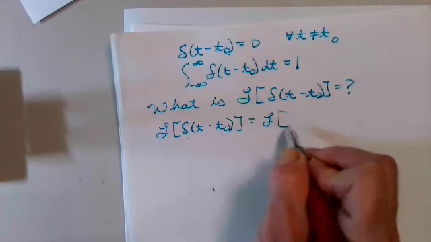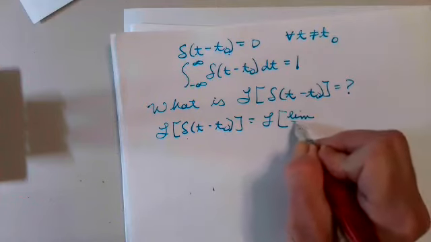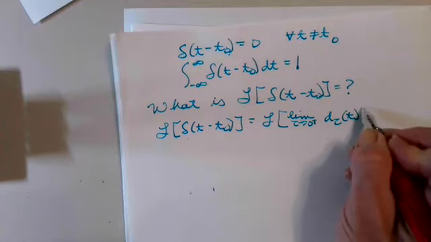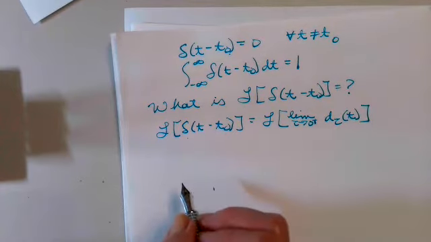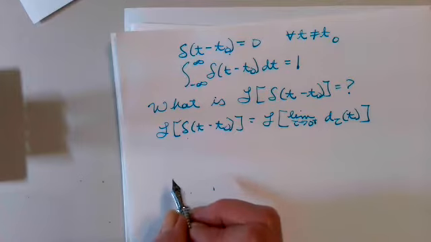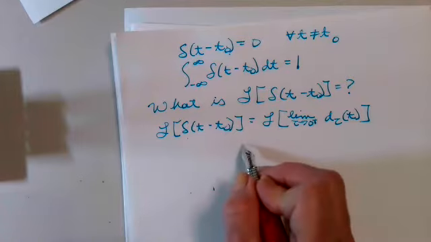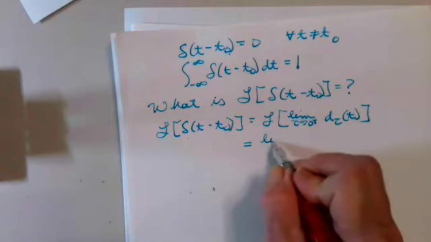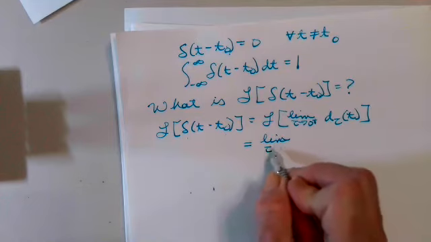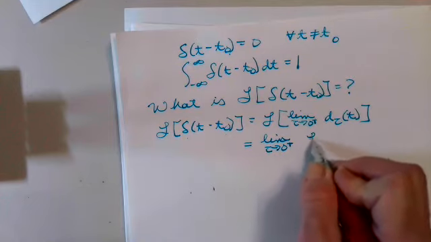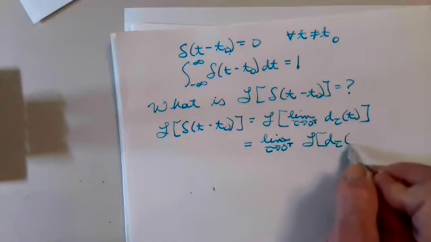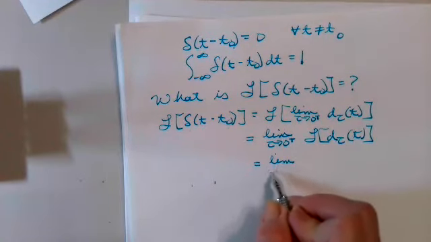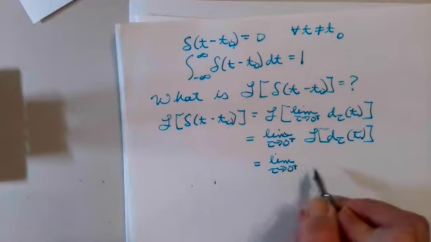The Laplace transform of delta of t minus t naught, by definition, is the Laplace transform of the limit as tau goes to 0 from above of d tau of t. Now the Laplace transform is a continuous functional, so this is the limit as tau goes to 0 from above of the Laplace transform of d tau of t.